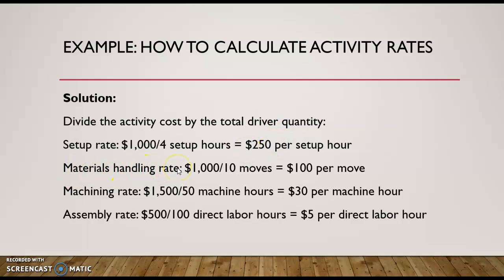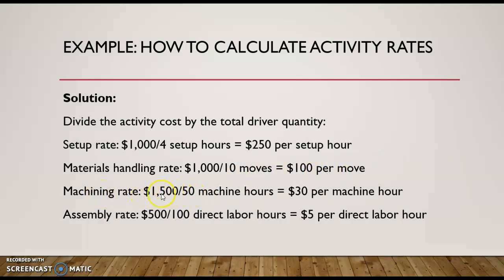Materials and handling rate, $1,000 divided by the 10 moves is $100 per move. So if we had one job that had 2 moves, we would have 100 times 2, and we would add that to that job cost for overhead.